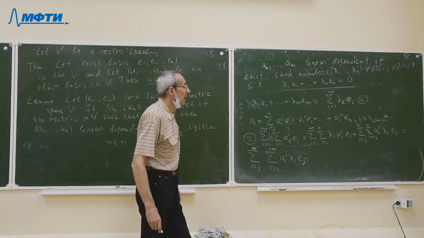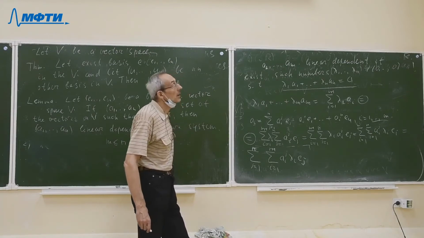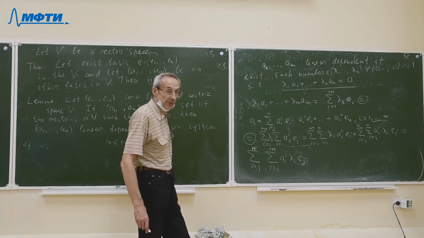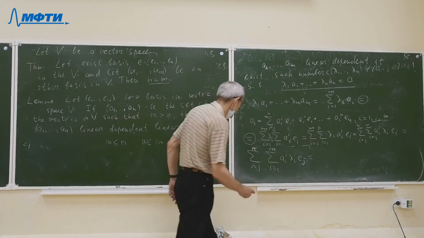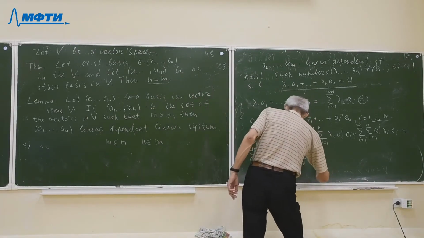And after that, I can use the last axiom, distributivity, and I can rewrite the last sum in the following form.